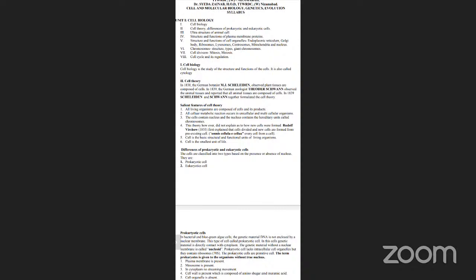Because cells are the basic structural and functional unit of life or living organisms. So the cell is the smallest unit of life, as already told to you. So these are all the features we are discussing under the cell theory.